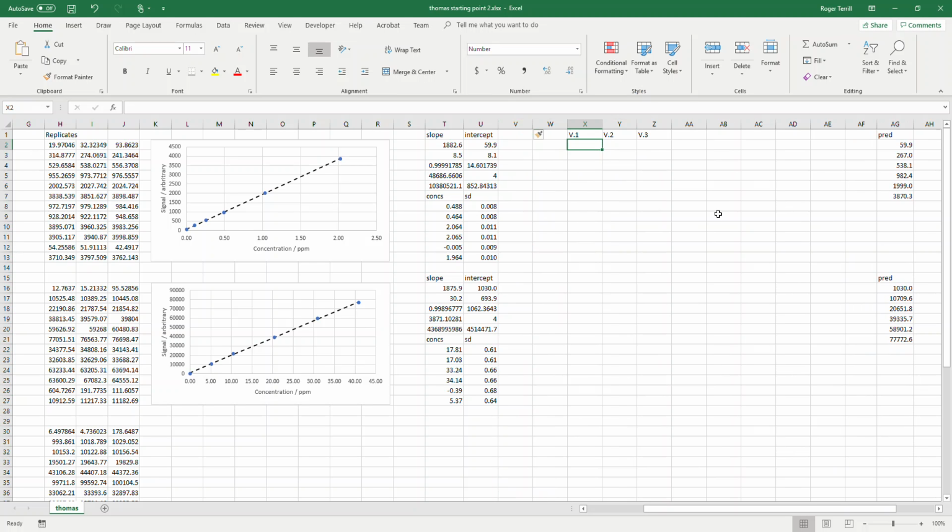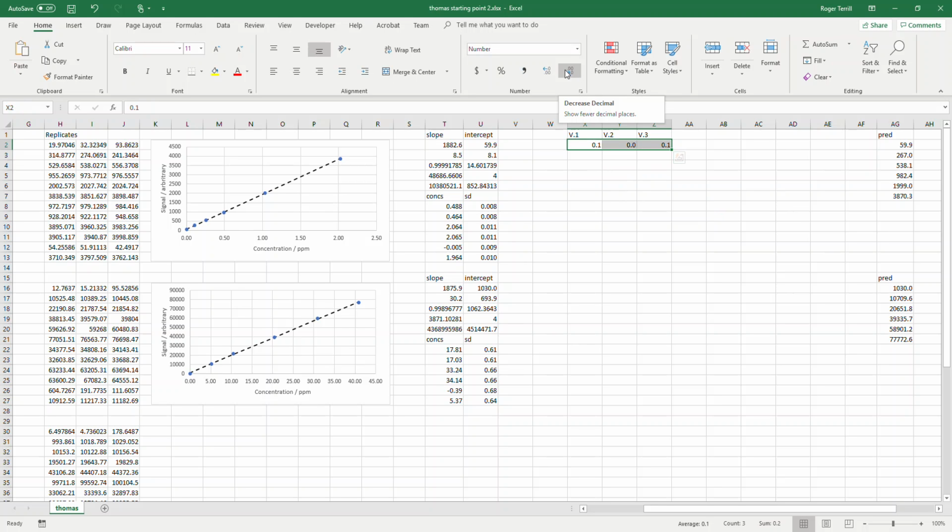I'll just do all these in liters to keep it simple, but that was 0.1 liters, right? And then V2 was the aliquot that we took out, and that's going to be 10 milliliters or 0.01 liters. And then V3 is the amount we diluted it to, which was probably also 0.1 liters, right?